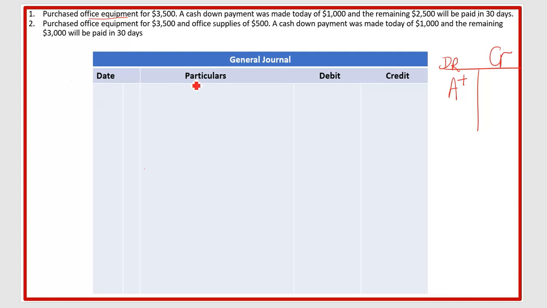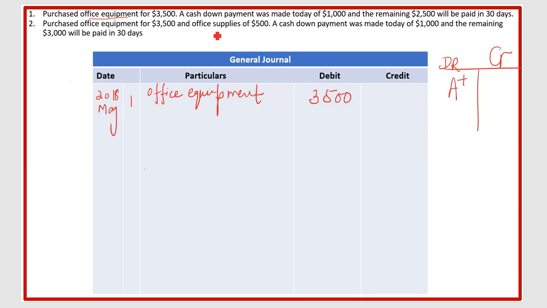But before writing it down, we have to write down the date. So suppose it is May, I will write down 2018 May, and the date of the transaction is 1st. So here I will write down office equipment and the amount is 3,500.